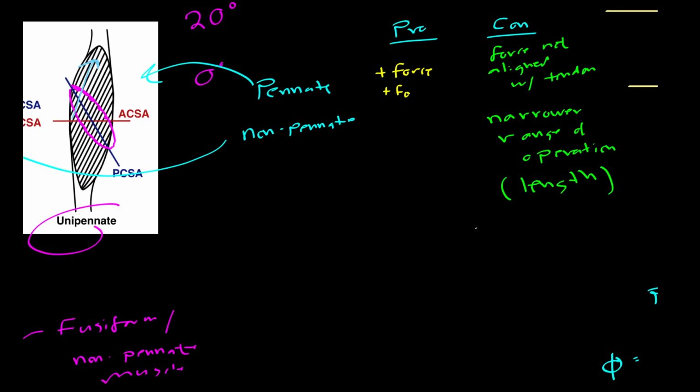And also lower Vmax. Right? It cannot shorten as fast. And then I guess for the non-pennate, we could just say the pros and cons are exactly the opposite. All right, less force, but broader range of operation for its length and a higher maximum shortening velocity.